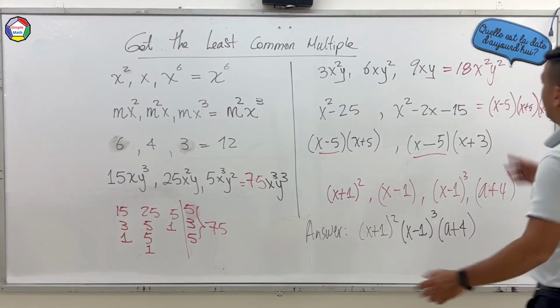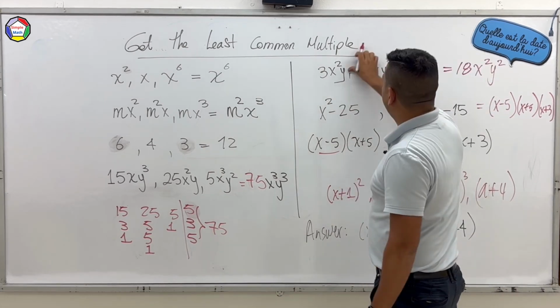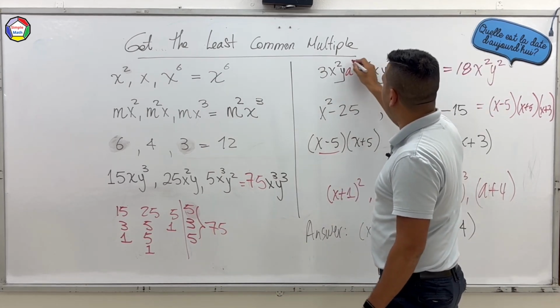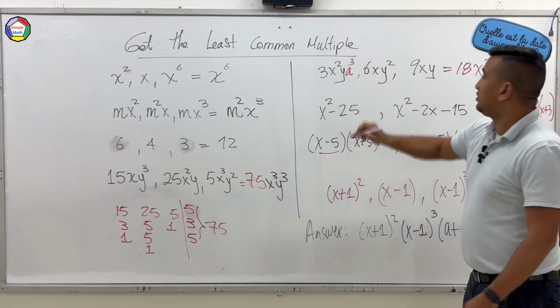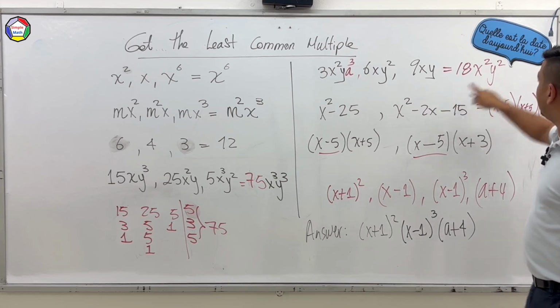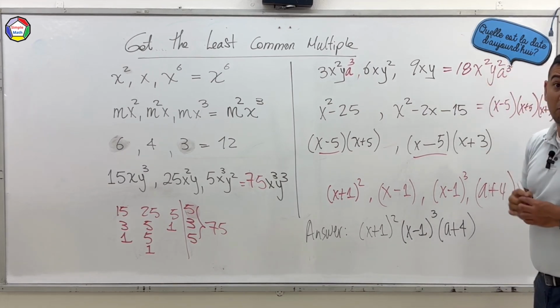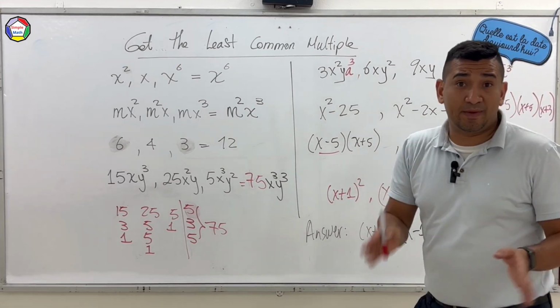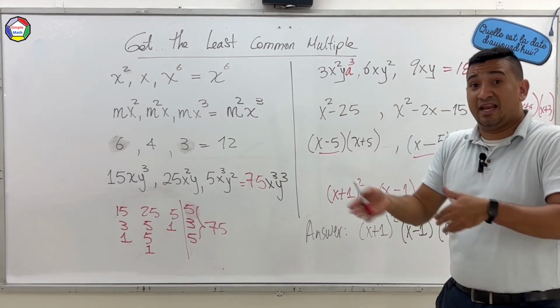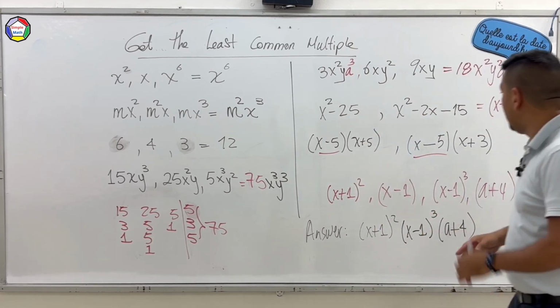For example, if this example has a letter a, let's say a cubed, a cubed is not repeated. Despite it not being repeated, it's part of the least common multiple. If the letter is not repeated, you also include it. If the letter is repeated, you choose the one with the highest exponent.